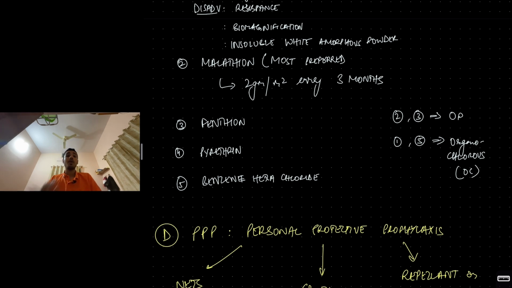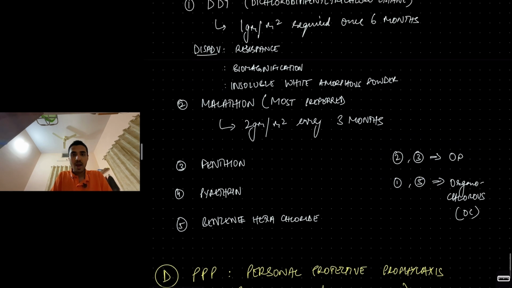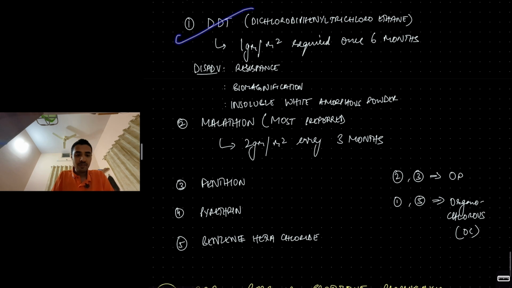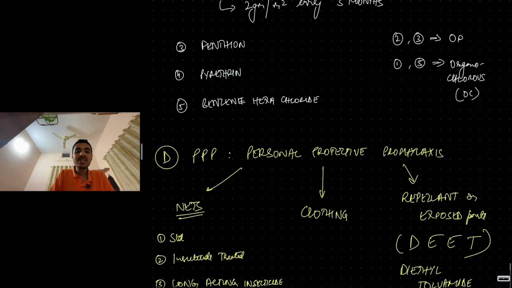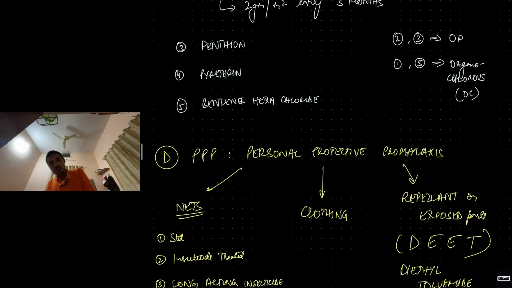Malathion, parathion, fenthion, these are all organophosphorus compounds, OP, whereas DDT and benzene hexachloride, BHC, are organochlorine, OC compounds. So that is one key difference. You also have another very expensive adulticide known as pyrethrin. Give some examples, 3 or 4 is more than enough.